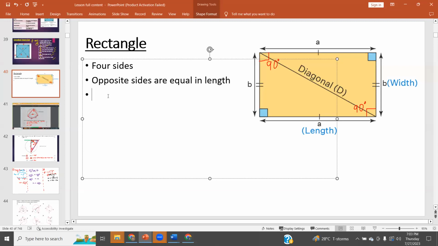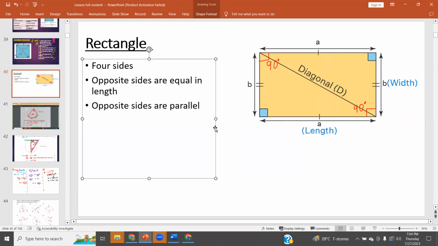So what else do we know about it? Opposite sides are equal. We also know that opposite sides are parallel. So opposite sides are equal in length and opposite sides are parallel. What else do we know?